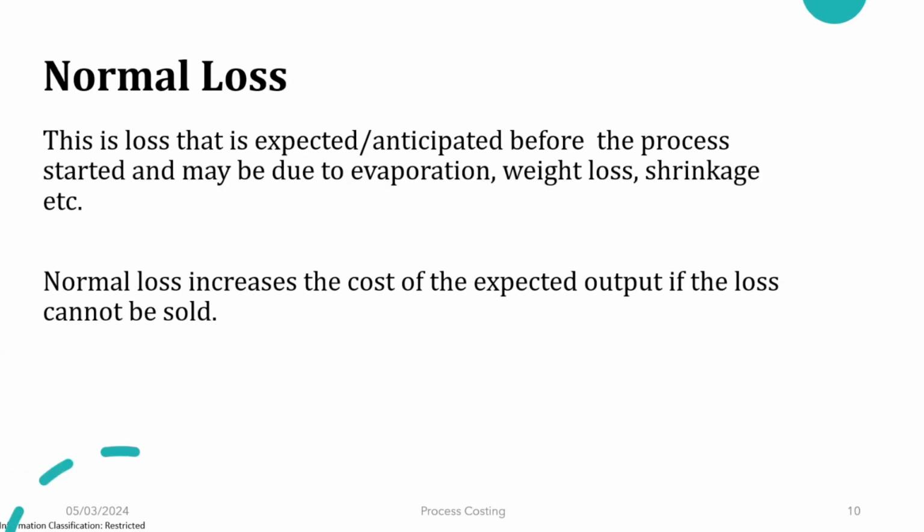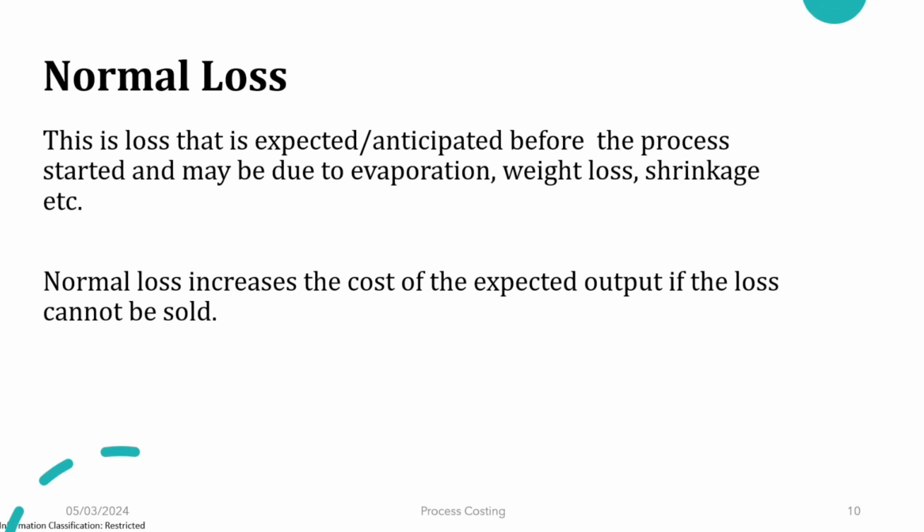To be able to cost the output, we would like to see what different types of losses could be involved. In manufacturing, there are many different types of losses. Some are quite certain, because they do the manufacture all the time, so they have a different calculation and quite a scheduled understanding about what kind of losses could happen. One of the losses is called the normal loss. This is a loss that is normally expected, and manufacturers know it would happen and can take it into account with good estimation.